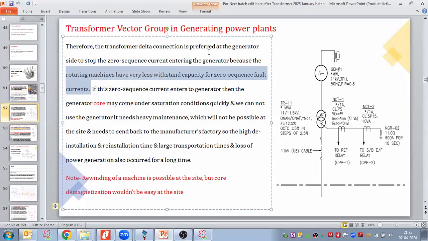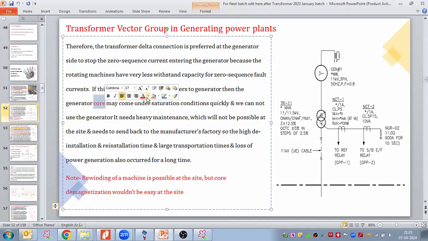Therefore, transformer delta connection is preferred at the generator side to stop the zero sequence current entering the generator, because the rotating machines have very less withstand capacity for zero sequence fault current. And if this zero sequence current enters the generator, then the generator core, this is the important topic, core may come under saturation conditions quickly, and we cannot use the generator at site, and it needs very heavy maintenance, which will not be possible at site.